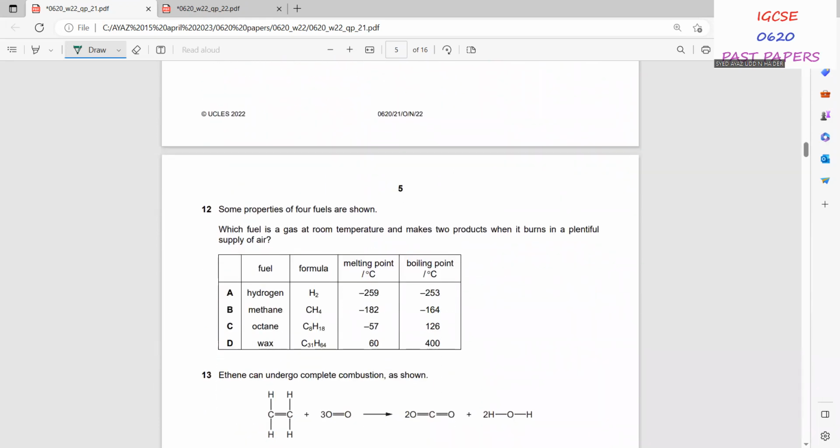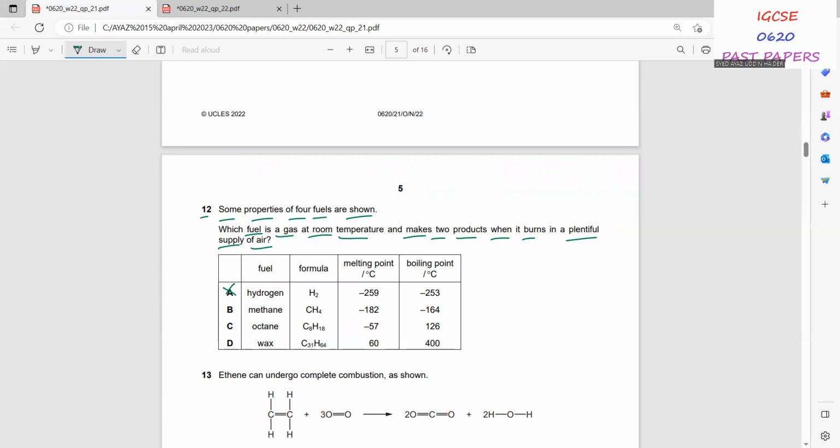Number 12. Some properties of 4 fuels are shown. Which fuel is a gas at room temperature and makes 2 products when it burns in a plentiful supply of air? Whenever you burn hydrogen, you will get water. You will not get 2 products, so this is wrong. Now we are left with methane, octane, wax.